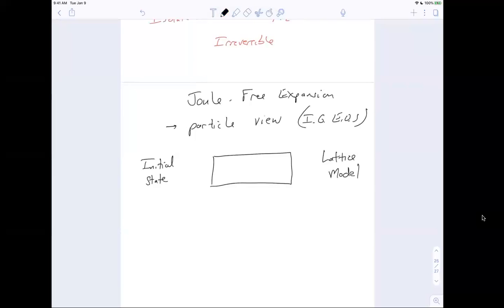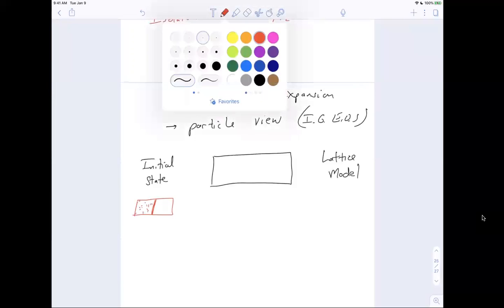So when we had our gas on one side, let's say, we can take this container that I've just drawn here as this rectangular box to be that one side of the container. So the initial state, remember, was where we have a partition and all of our gas is on the left-hand side. And what this black box represents is the left-hand side.